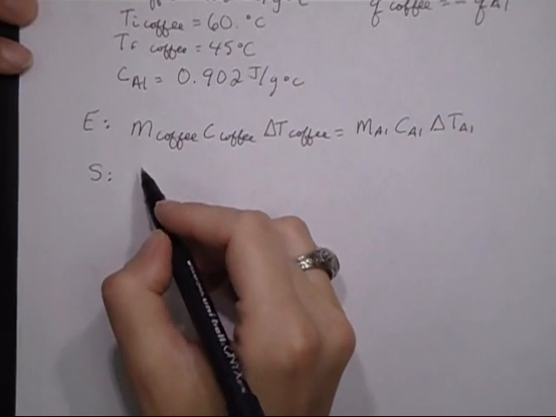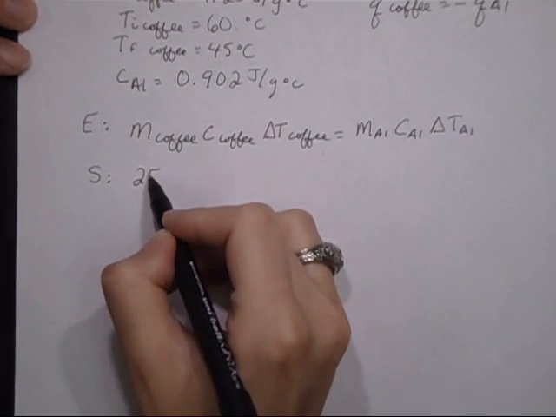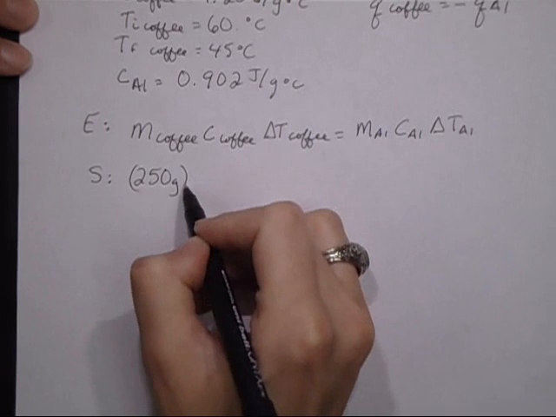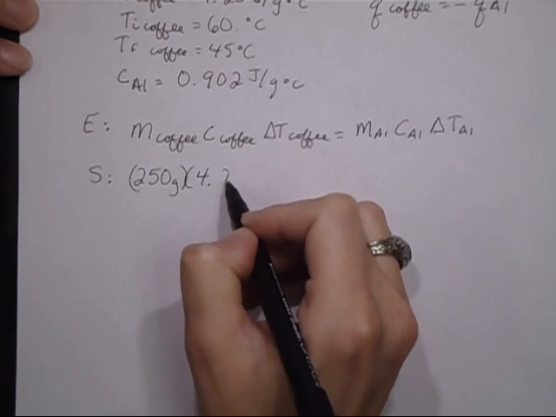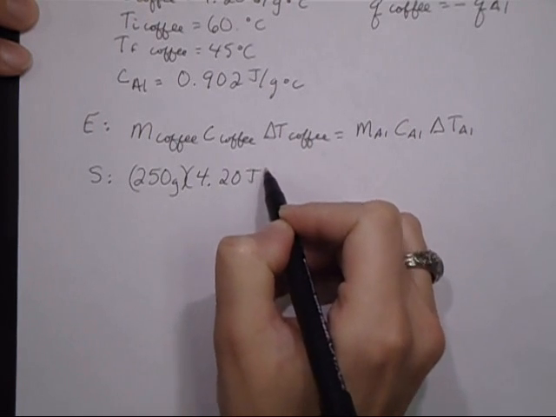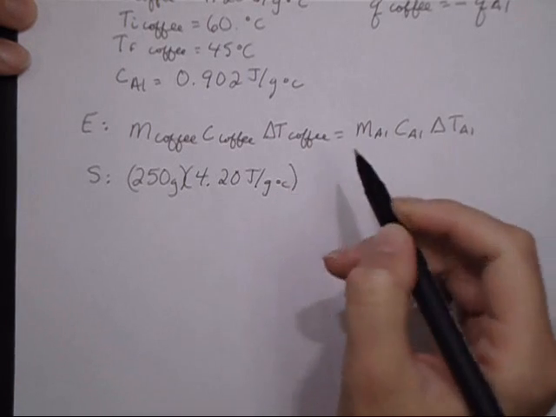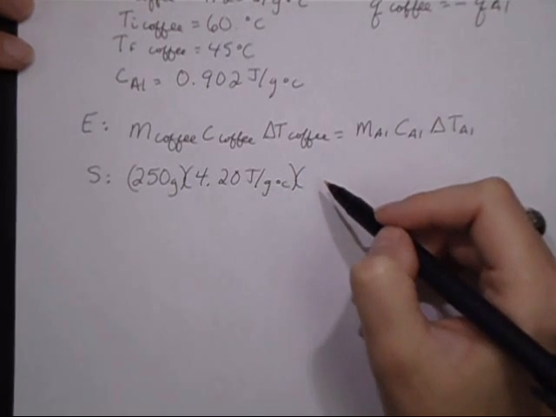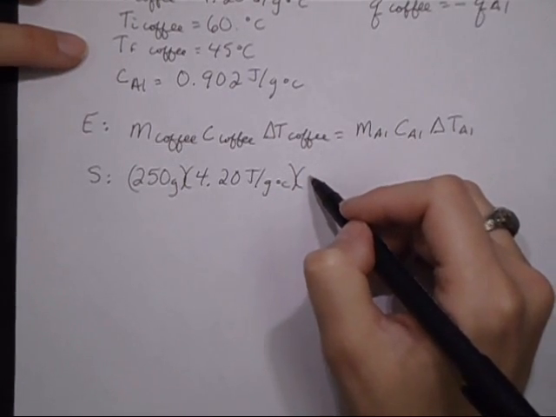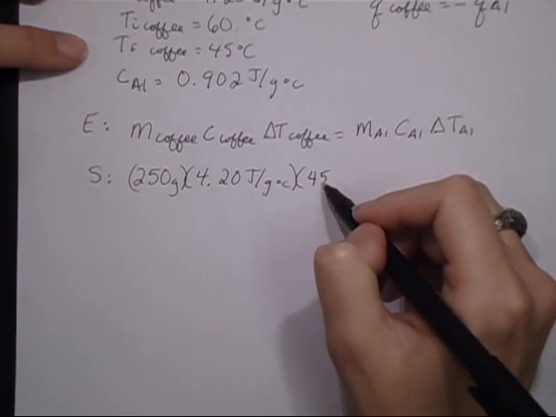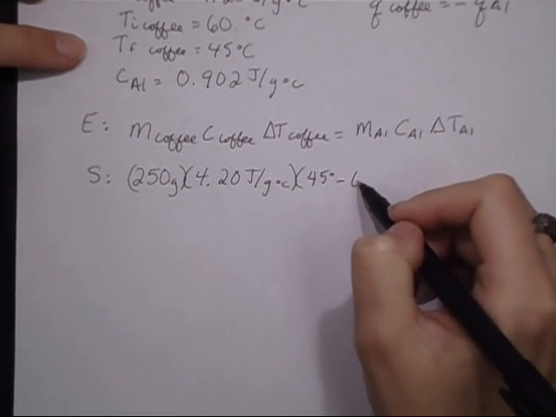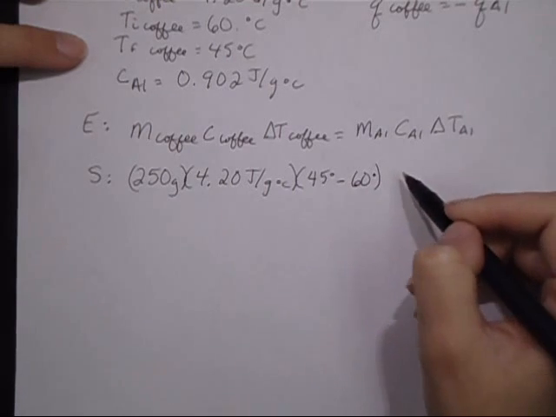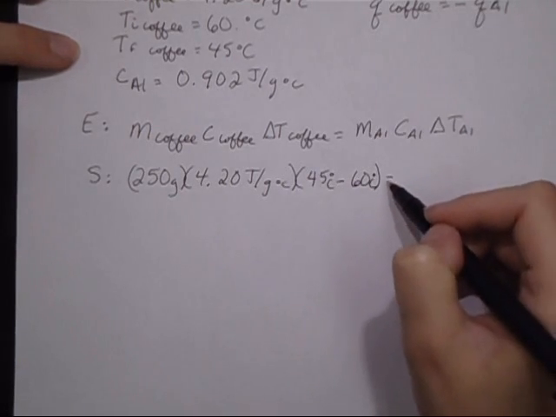First, we have our masses. The mass of our coffee was 250 grams. Specific heat, 4.20 joules per gram degree Celsius. And then delta T is T final was 45. T initial was 60 degrees C.